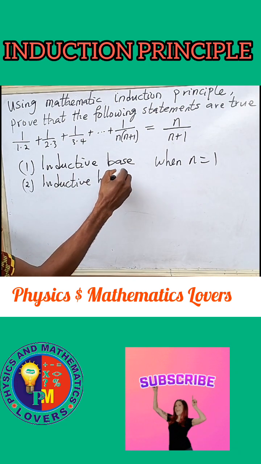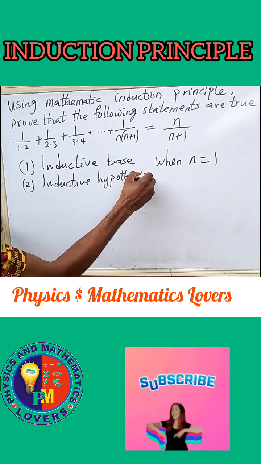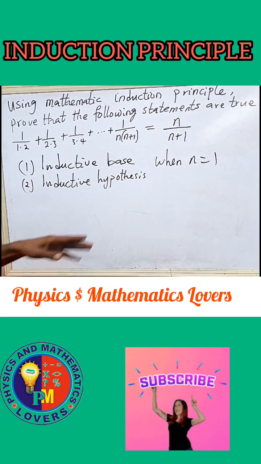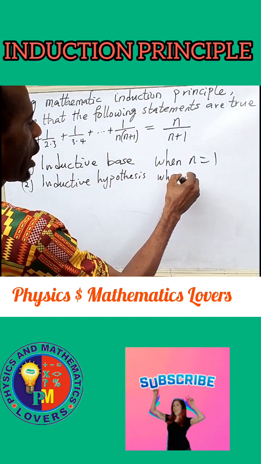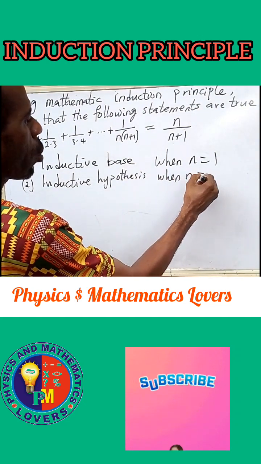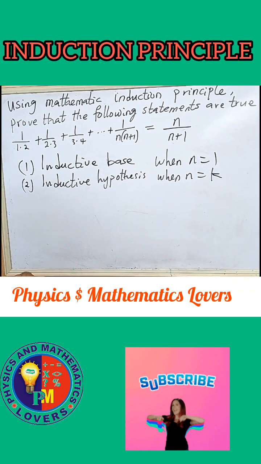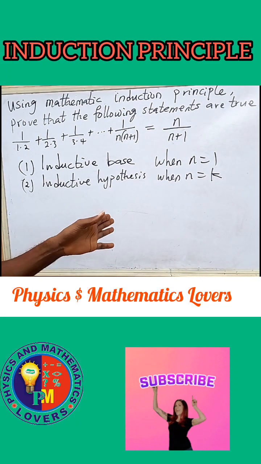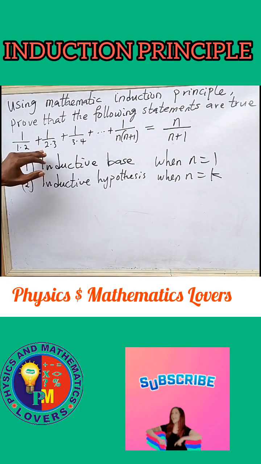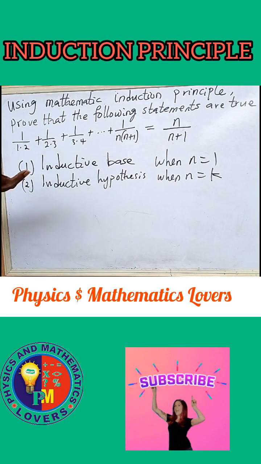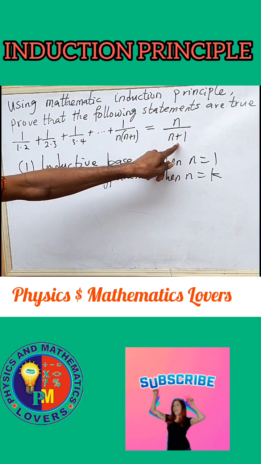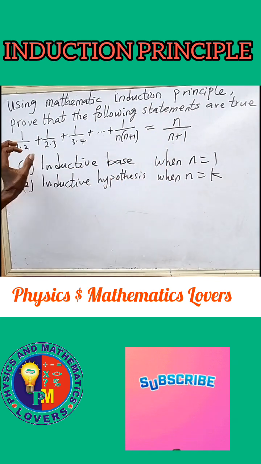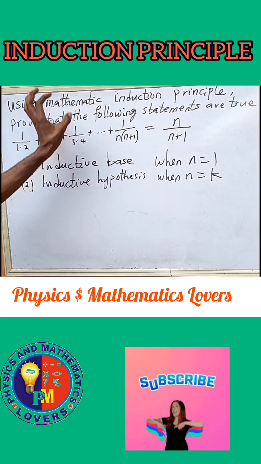Then the second step is called the inductive hypothesis. Here you say let n equal to k. So k is the next term of the series. This is a series or sequence, which means it obeys a particular formula, and this is what is used to obtain each term by term.